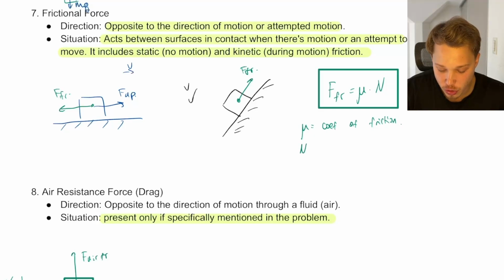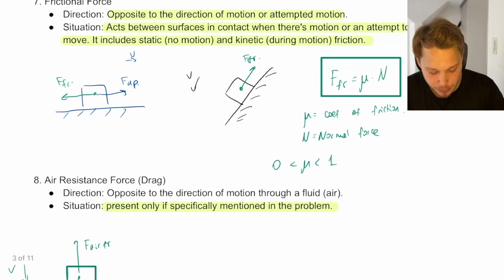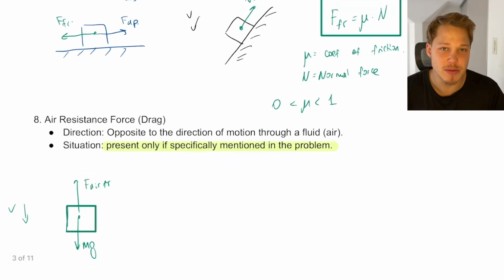And N is the normal force. By the way, this coefficient of friction is always between 0 and 1. And air resistance force doesn't have one specific formula. If there is a formula, you'll be given that in the problem.